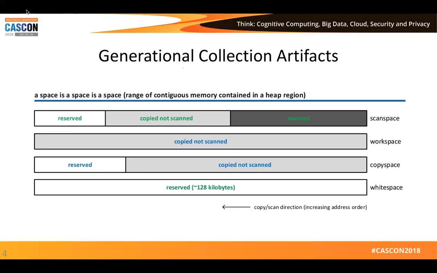Instead of copying breadth first, you can just copy an object into some white space, and then start scanning it immediately, and copying its children just ahead of the scan pointer in the same space. When you do that, let's say you copy a string object into an empty white space, start scanning it. The string has one child pointer, points to a char array. So if you start scanning that immediately, hit that pointer, you get pointed to the char array, you're going to copy it right next to the string, so they're co-located.